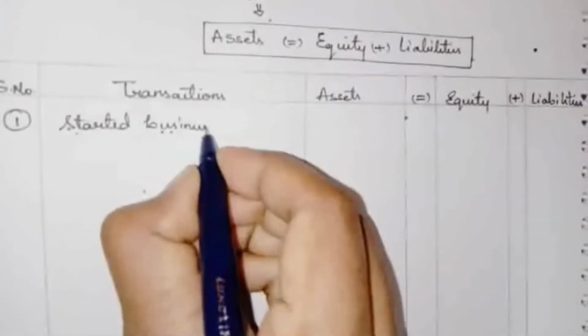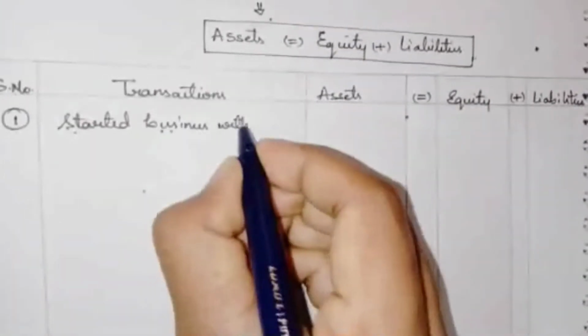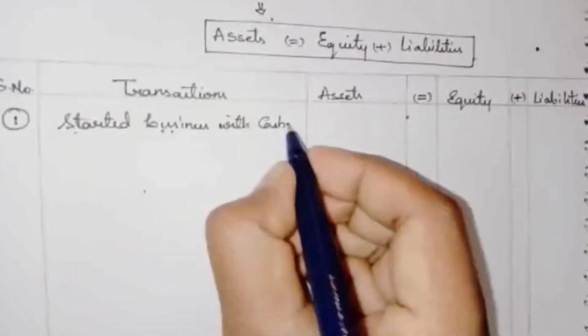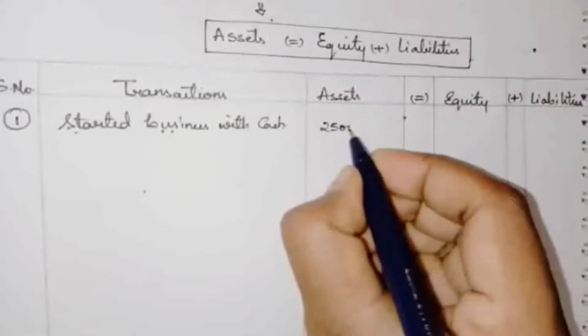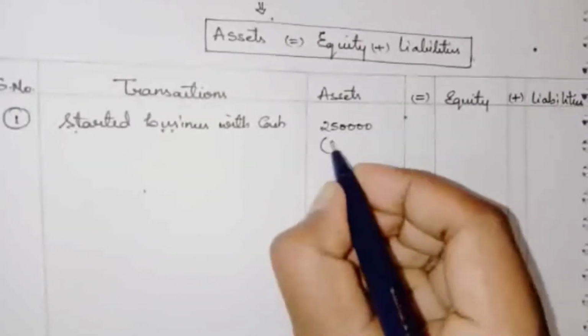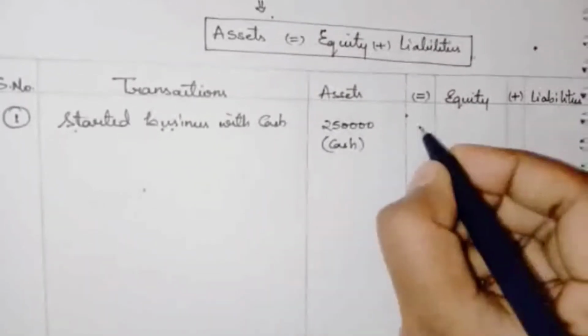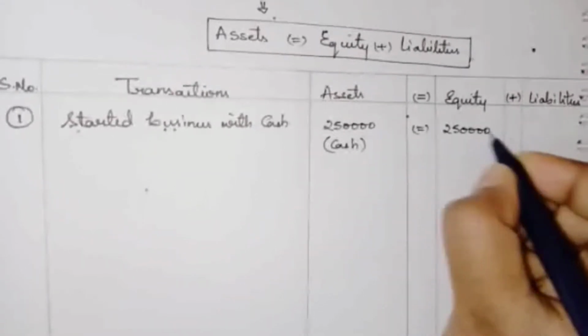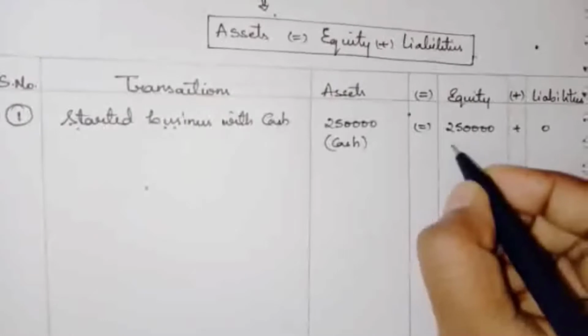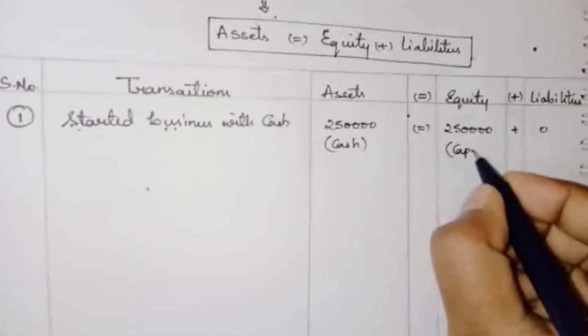Therefore, first transaction: started business with cash 2,50,000. So cash is coming in, that is cash is the asset to the business. So 2,50,000 cash. In brackets I am giving the data for your reference.